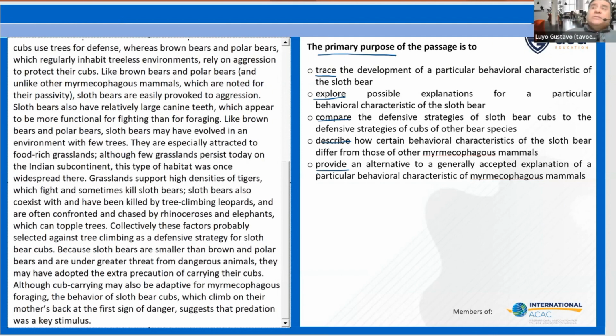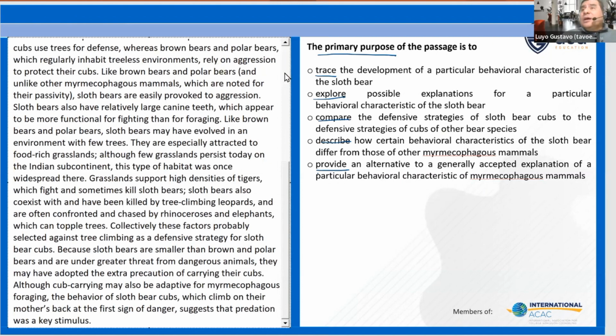And so the question says the primary purpose of the passage is to... let's examine the answer choices one at a time. It says, to trace the development of a particular behavioral characteristic of the sloth bear. Well, it's true that at the beginning of the passage they mention a particular behavioral characteristic of the sloth bear.